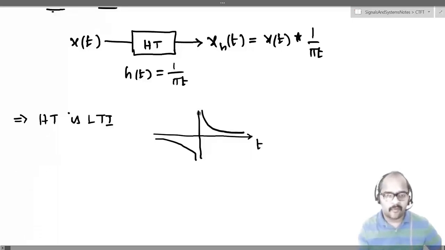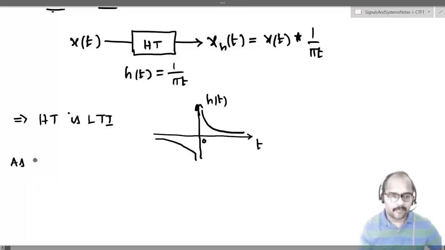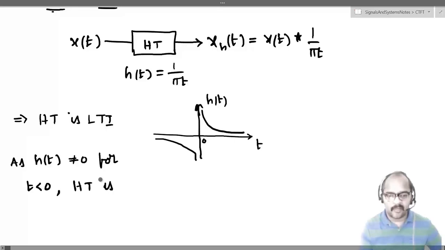So what do I mean by that? It means that the Hilbert transformer's impulse response will exist even for t less than 0, and hence the Hilbert transformer is not a causal system. As h of t is not equal to 0 for t less than 0, the Hilbert transformer is non-causal.